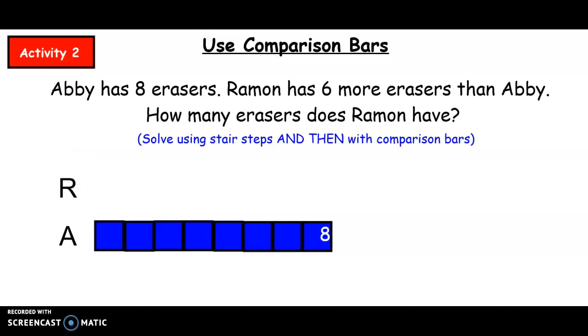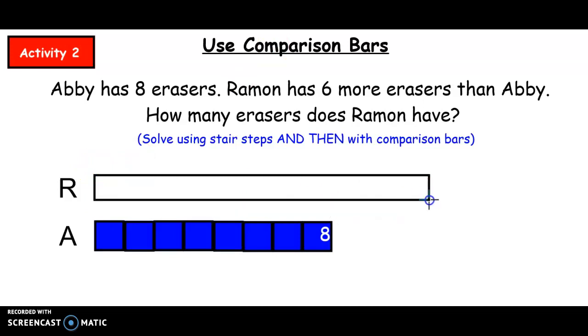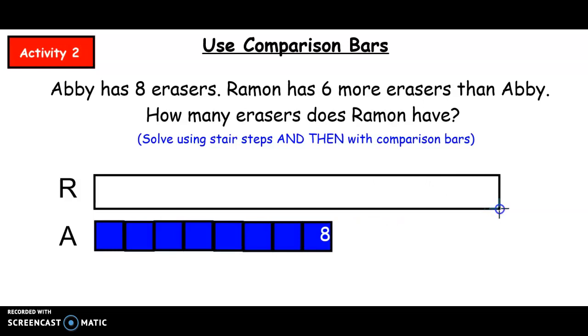So I'm going to make, okay, and we know that he's got more. So I'm going to make his bar longer, right? And we know that Raymond has 6 more. So when we hear that, more or fewer, in this case it's more, that's our ding, ding, ding word.